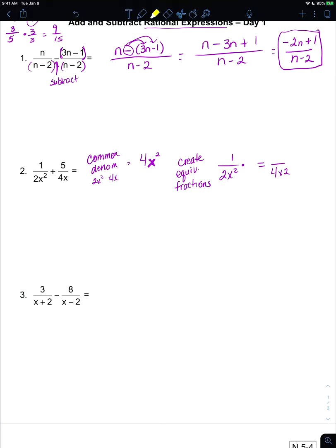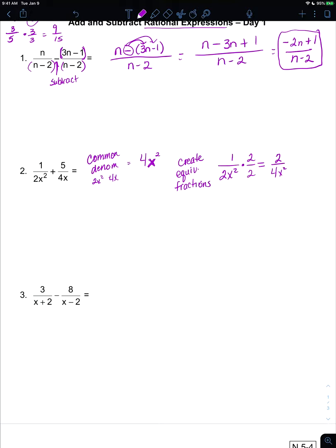Well, that needs to be multiplied by a 2. So we're going to have to multiply 2 over 2. So 1 times 2 is 2, and 2x squared times 2 gives us that 4x squared. So that is the first one.